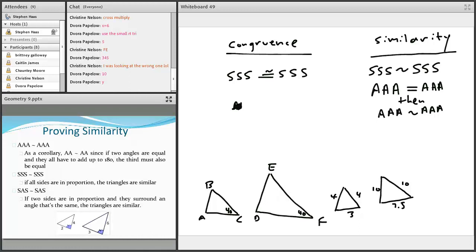Not yet, because they could have different angles than the other two. But now let's say I tell you that angle D is 80 and angle A is 80. Now, are these two triangles definitely similar to each other? The answer, of course, is yes. What are angles B and E, by the way?